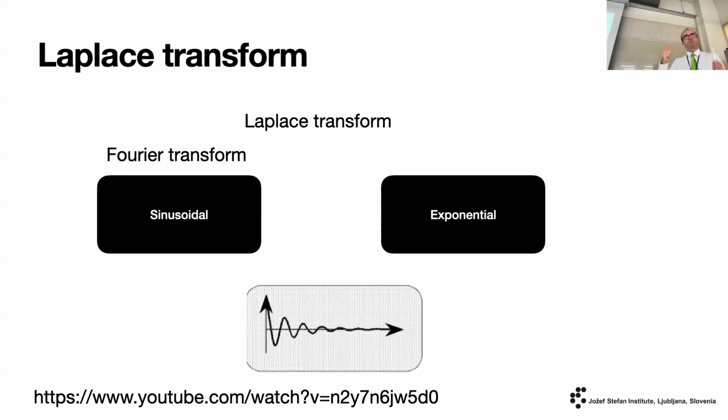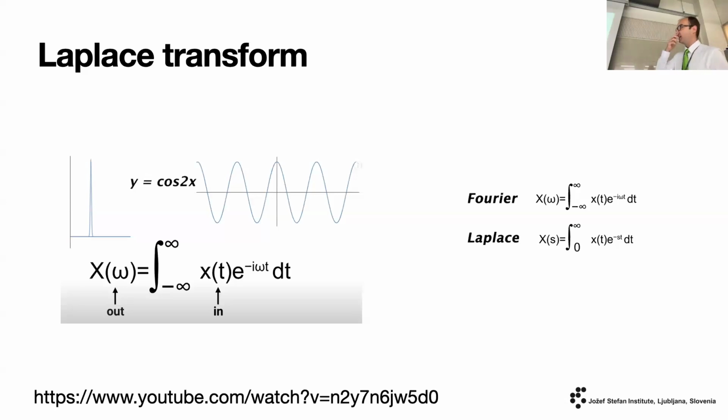So it gives us the exponential part and the frequency part together. Why is this important? On the left-hand side, you can see a sine signal and its Fourier transform, and if we calculate this, we'll have a peak where this 2x is located.